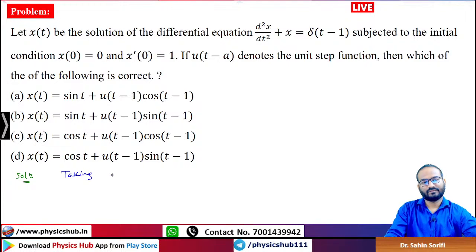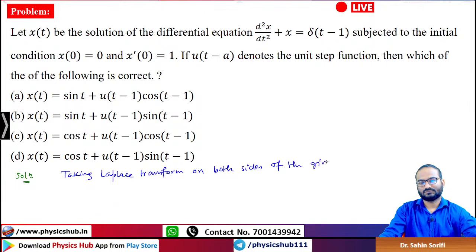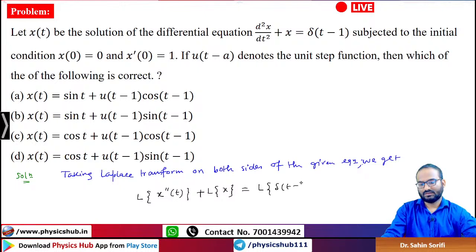So, taking the Laplace transform on both sides of the given equation, we get, the Laplace transform of x double prime of t plus the Laplace transform of x equals the Laplace transform of delta t minus 1.